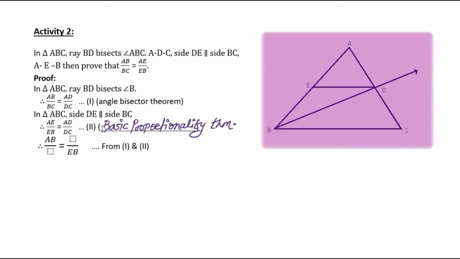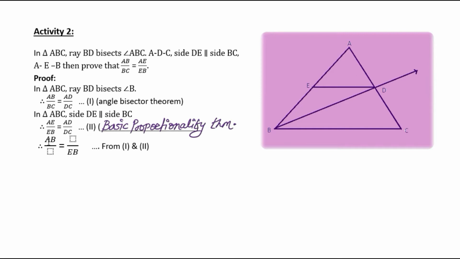Okay. So now see, this is the second equation, the first being the first equation. From these two equations, AB upon BC and AD upon DC, here again AD upon DC. So the RHS of these two equations is constant, and the LHS will equate.